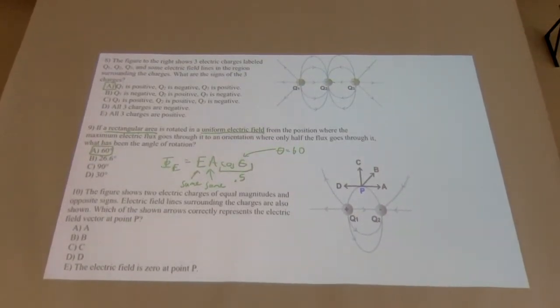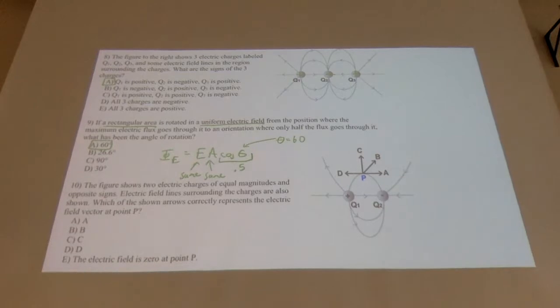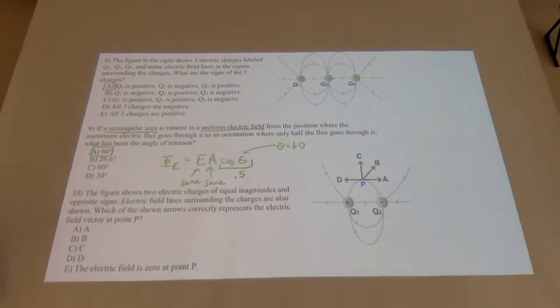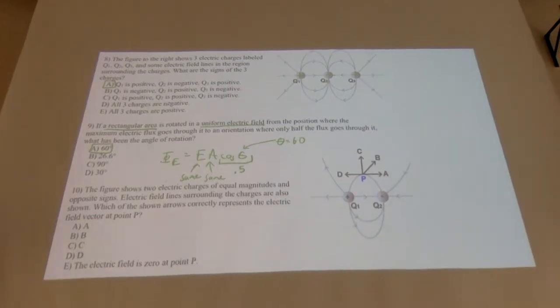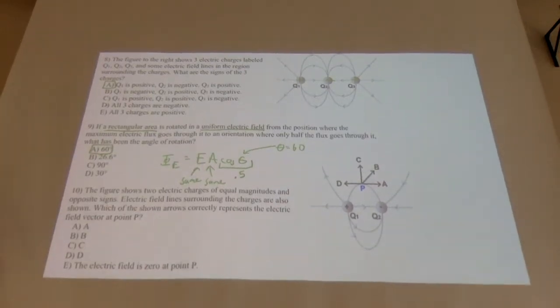And then finally, number 10, we've got 2 charges. One is positive, one is negative. What is the direction of the electric field at point P?